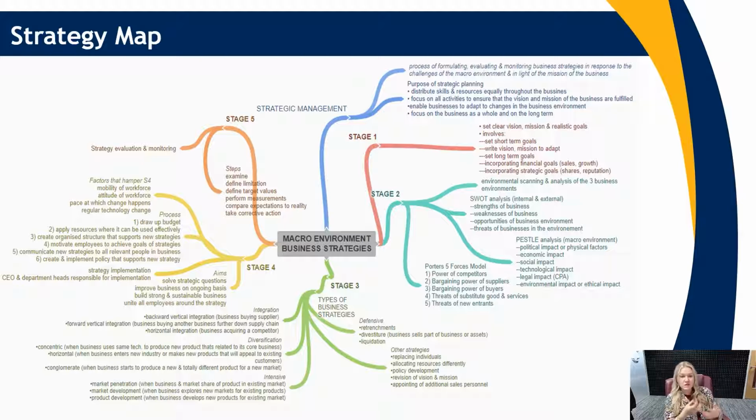Stage two looks at using the tools and techniques, which we're going to talk about in a minute, to analyze where the current state is, and then looking at different strategies and directions you can take within your plan, and then being able to evaluate and monitor your plan in stage 5. So I think that this map is a really good visual. Well, for people like me, I'm a visual learner. It's a great way to see how strategy is formulated as a whole, from a visual perspective.